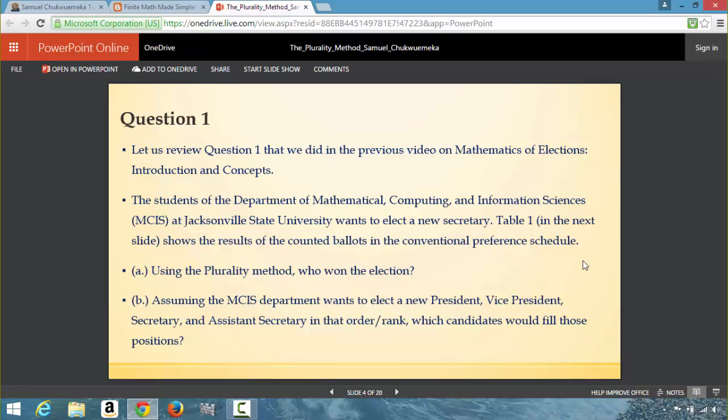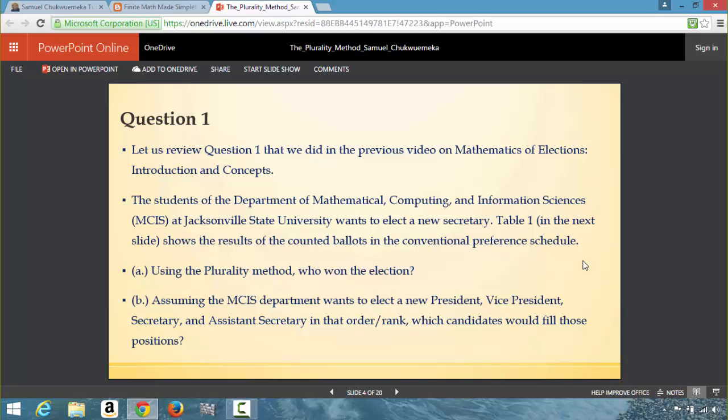The students of the Department of Mathematical Computing and Information Sciences at Jacksonville State University want to elect a new secretary. Table 1 in the next slide shows the results of the counted ballots in the conventional preference schedule.